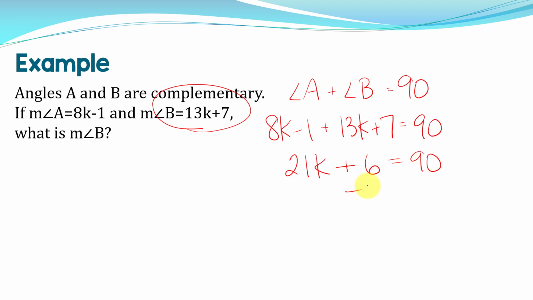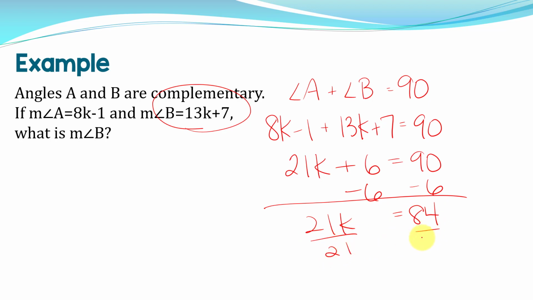Solve the equation. So we're going to do our two-step equation, opposite operations. That's 84, divide it by 21. So K, 21 goes into 84 4 times. So our value for K is 4.